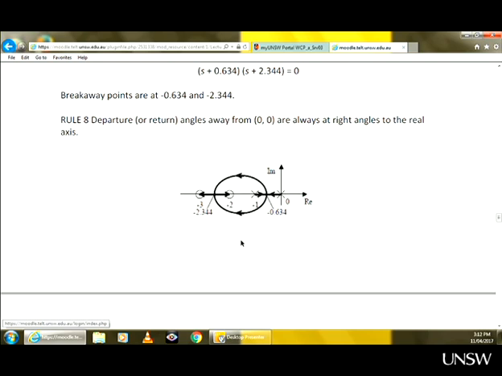Okay, better. Now, depending on what you want from your system, you can select the value of k that gives you that particular behavior. If you want exponential stability, you choose the value of k somewhere here, or possibly over here. If you want oscillatory behavior, then you choose a value of k that will give you the poles somewhere in this range.